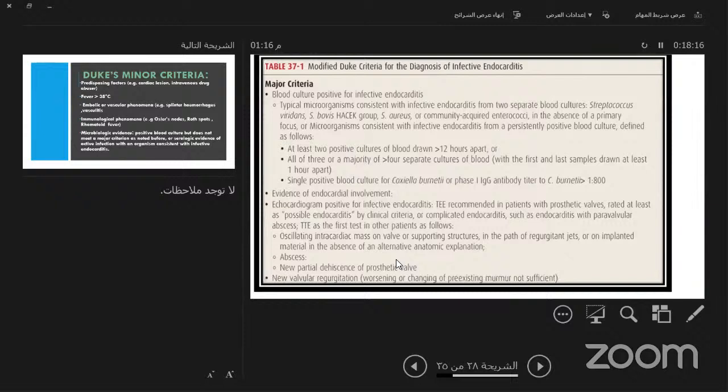Modified Duke criteria for diagnosis of infective endocarditis. Major criteria, first one: blood culture positive for infective endocarditis.